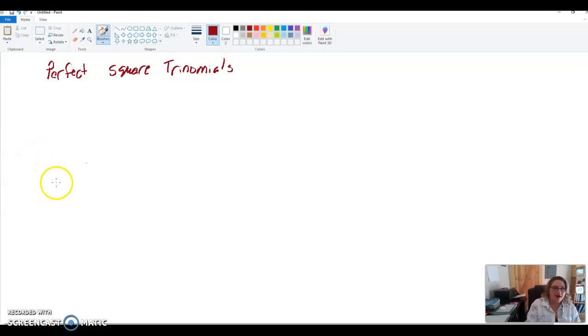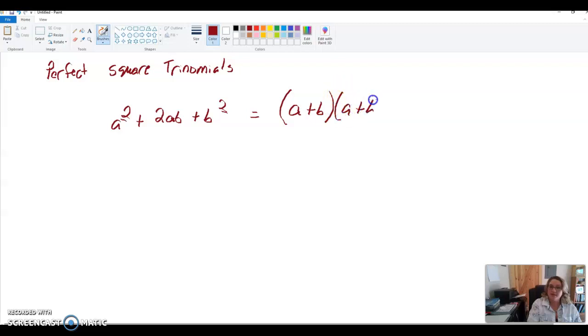So, for example, if I have a squared plus 2ab plus b squared, I can see that I have a square here and a square here, which is going to lead this to become a perfect square trinomial. If I multiply a plus b times a plus b, it will factor out to be a perfect square. So I can then just write this as a plus b, all of that squared.